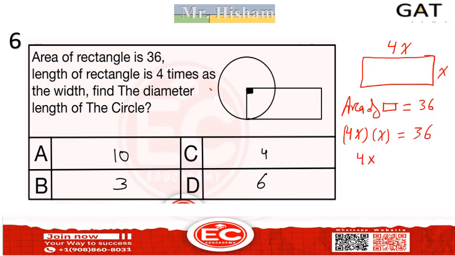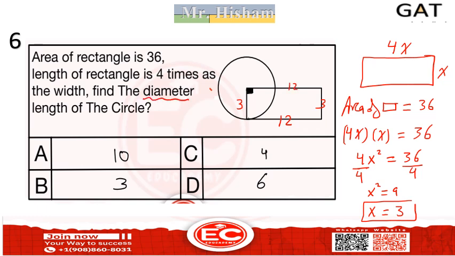So 4x squared is equal to 36. Divided both sides by 4, so x squared is 9. By taking the root, positive root, not negative, x is equal to 3. Means that this radius is 3 and this side is equal to 12, 3 and 12.